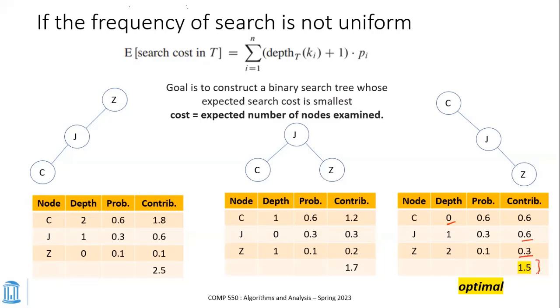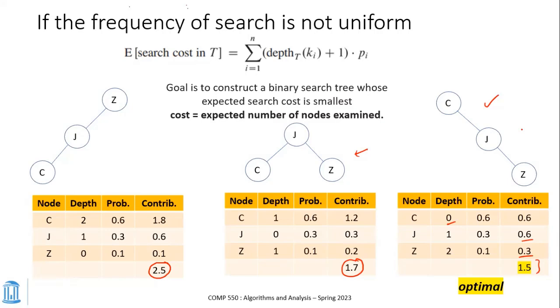If you add them up, the average number of nodes that have to be examined is 1.5 versus 2.5. So this clearly is better than this. And for this particular case, which seemed to be optimal initially because it was balanced, the number of nodes that have to be examined is 1.7. So this seems to be the optimal solution.